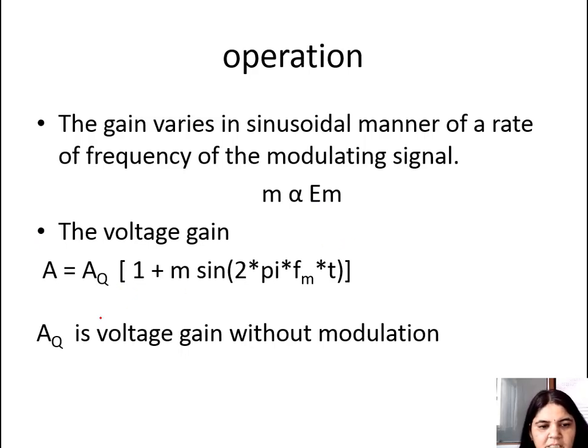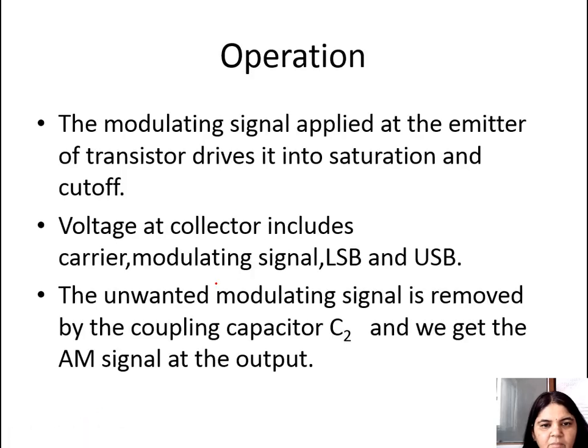Voltage gain A is equal to AQ times (1 plus small m sine 2 pi FMT), where AQ is the voltage gain without the modulation, small m is the modulation index, and Fm is the modulating frequency of the modulating wave. Modulating signal applied at the emitter of the transistor drives it into saturation and cutoff.